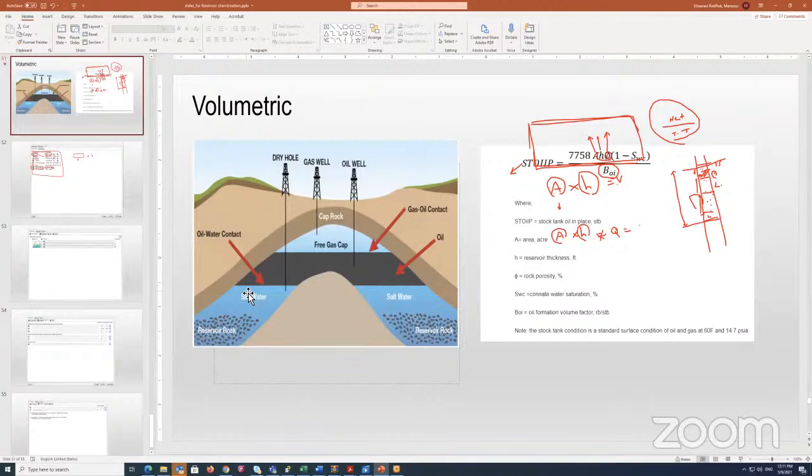stochastic modeling. Stochastic modeling works very well for wells that are very far from each other. But when your wells are close to each other, because they are very close and the reservoir quality is very much the same, it's better to use the deterministic, and the deterministic gives you a better result.